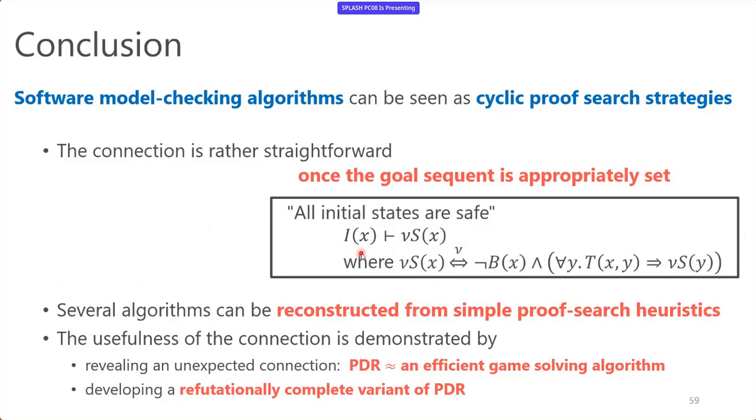Any more questions? I have a quick question. Maybe it is related to the previous one. Can you elaborate a little bit on what you mean by refutationally complete variant of IC3 PDR? Okay.